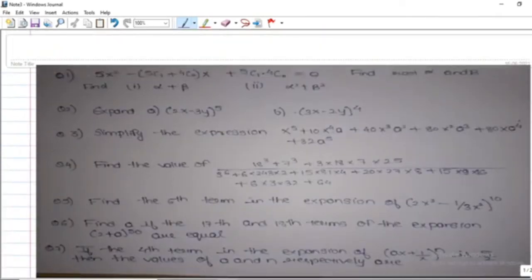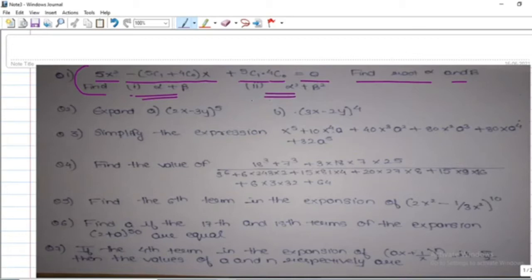The first question says: if 5x square minus (5C1 plus 4C0) into x plus 5C1 into 4C0 equals 0, find the roots alpha and beta, and also find the alpha plus beta value and the alpha square plus beta square value.